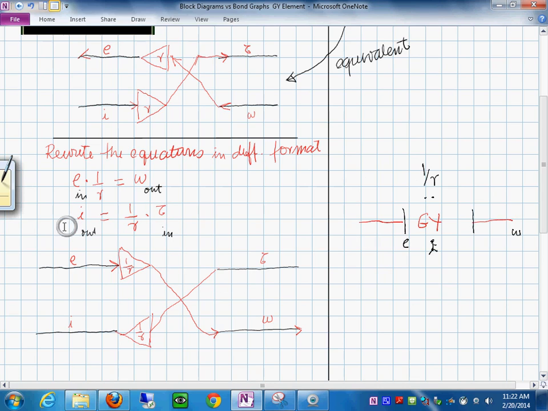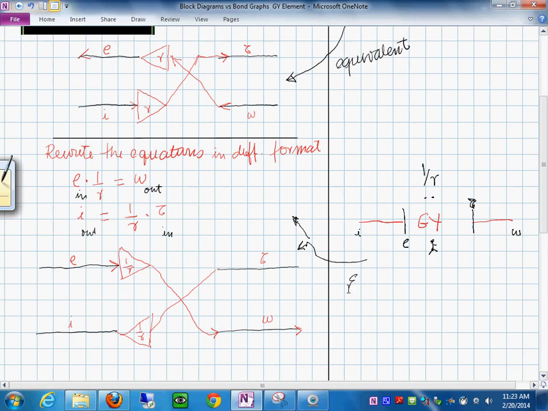And on the other side, on this one, you have I as the output: the torque, see, this is the torque right here, times 1 over R is going to give you I. See? So if this is the case, this bond graph model is equivalent to this block diagram and also to those equations.